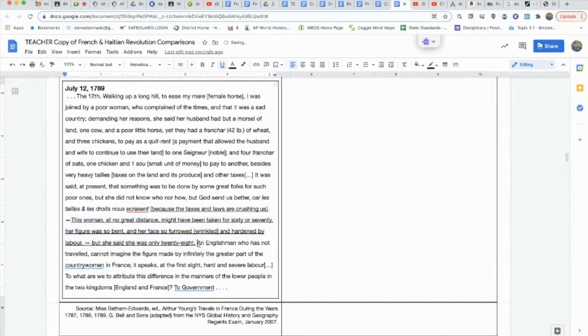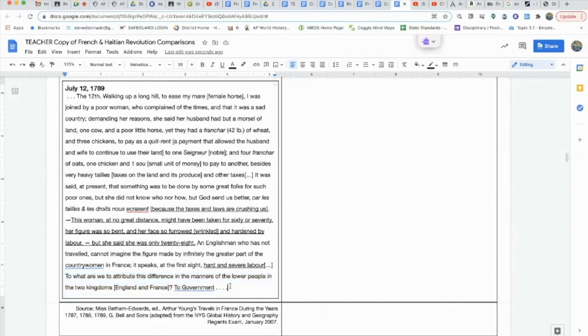An Englishman who has not traveled cannot imagine the figure made by infinitely the greater part of the countrywomen in France. It speaks, at the first sight, hard and severe labor. To what are we to attribute this difference in the manner of the lower people in the two kingdoms of England and France?